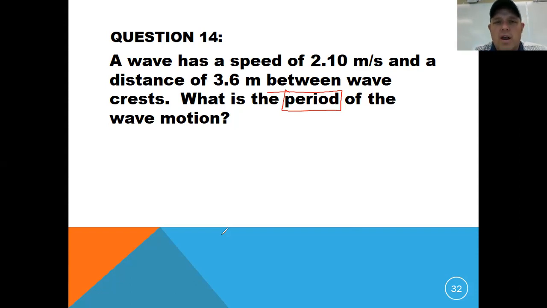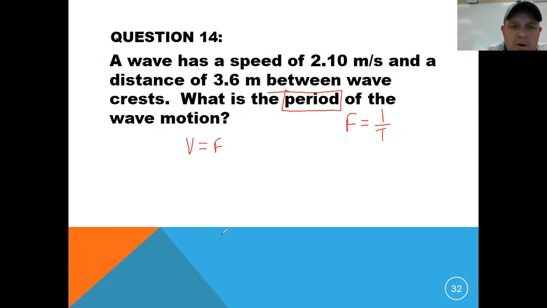I'm thinking, hey, what equation has period in it? We have to remember period is a time. So that actually is frequency equals 1 over our period or time. So we got to get to that. But what does it give us? That's why I make this one a little bit more difficult. It gives us speed and distance.